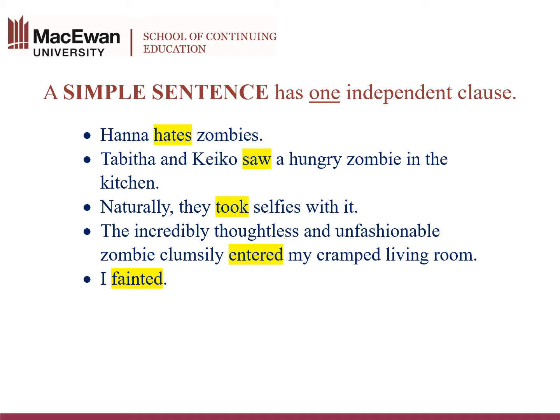Naturally, they took selfies with it. The incredibly thoughtless and unfashionable zombie clumsily entered my cramped living room. I fainted. So these are all simple sentences, even though some are short and some are longer, but they have one subject and one verb. They are independent clauses and simple sentences.